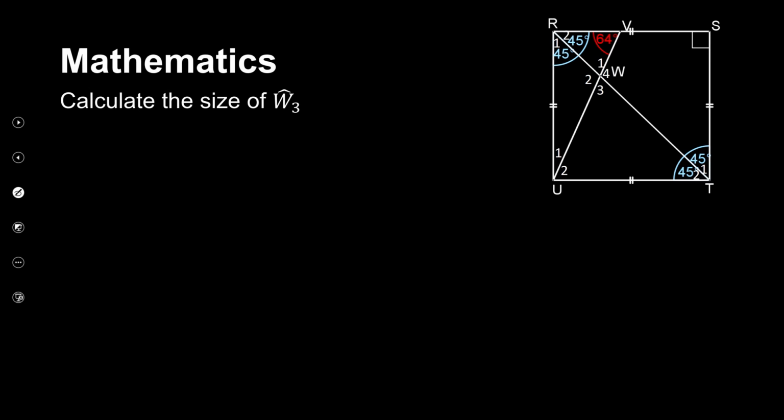So to do that, I will say W1 is equal to 180 degrees minus 45 degrees minus 64 degrees. The reason for this will be sum of angles in a triangle. So as a result, minus 45, that's 135, minus 64, that's going to be 71. I think that is going to be 71 degrees. Please just verify for me.